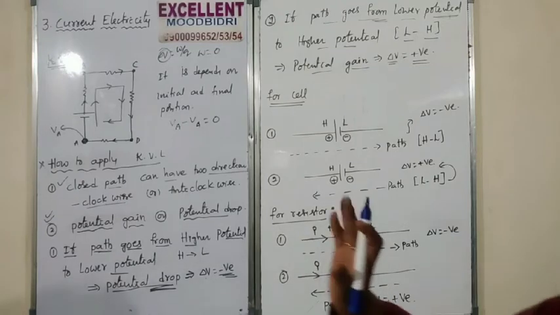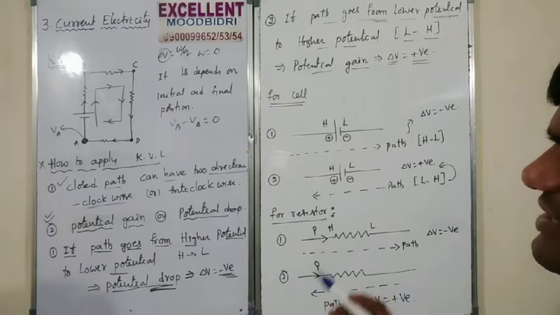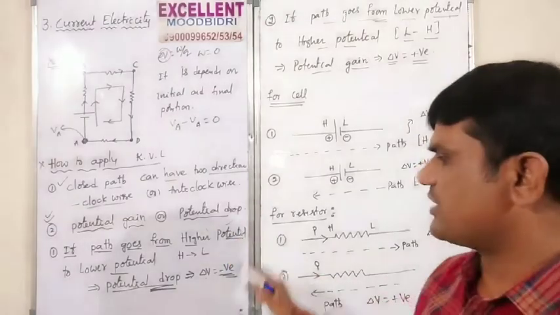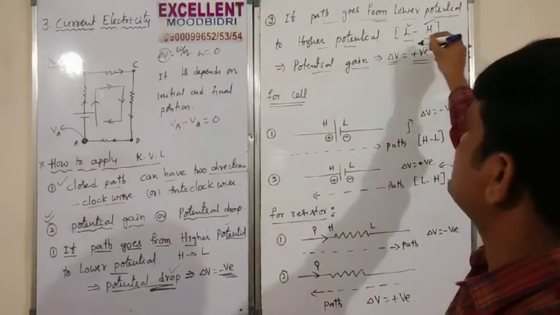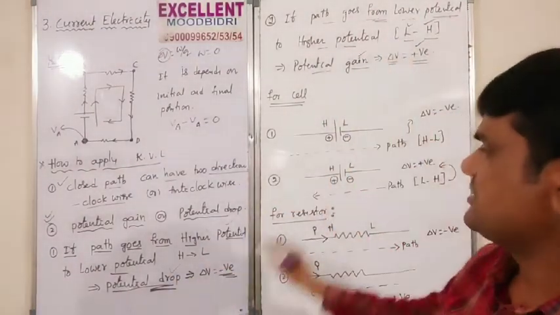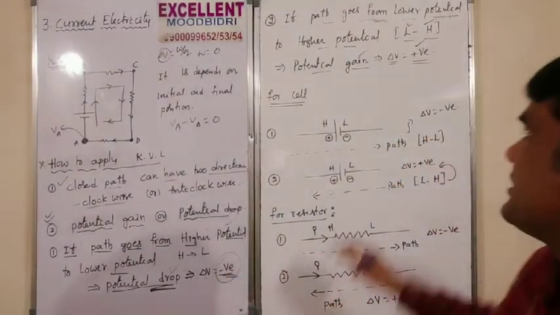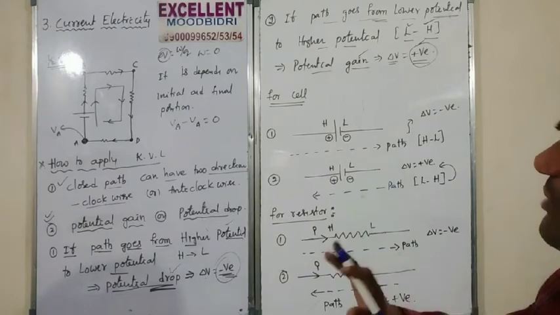Right? The path we select is the most important thing here. The path moves from higher to lower, that is a potential drop, and from lower to higher, so it is positive. This is the drop, this is the gain. This is negative delta V, this is positive.